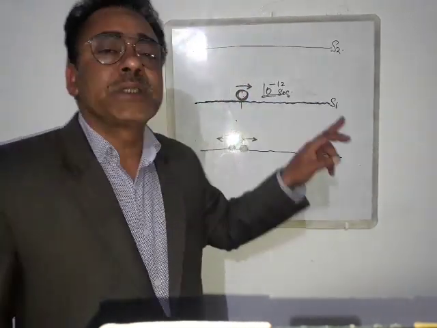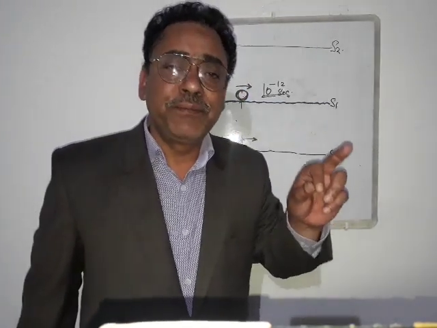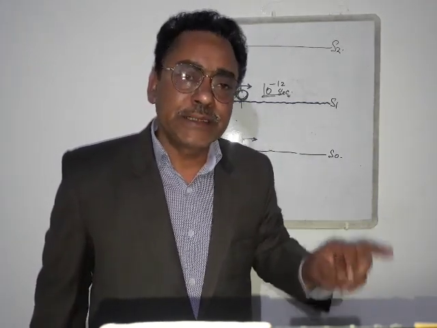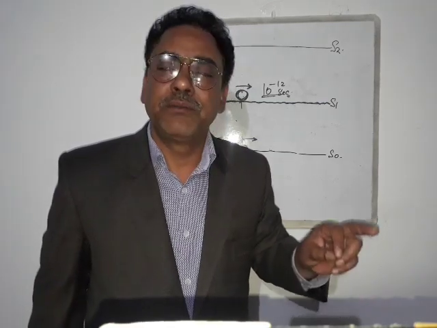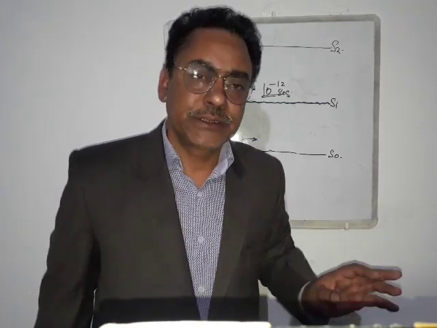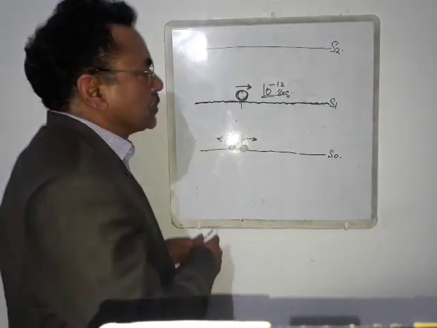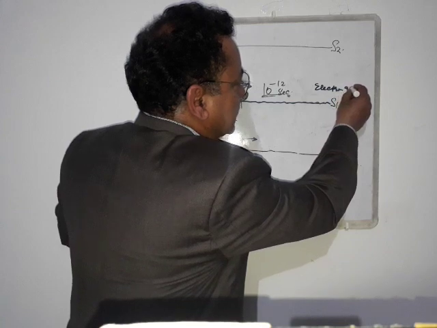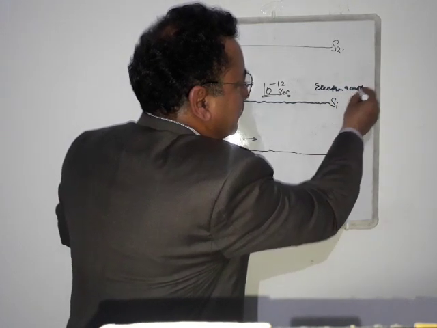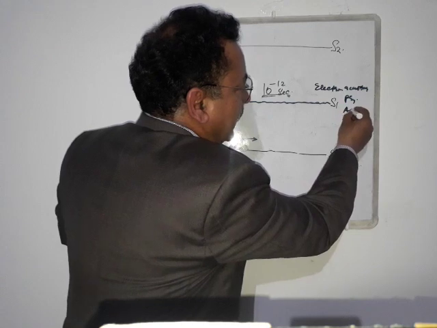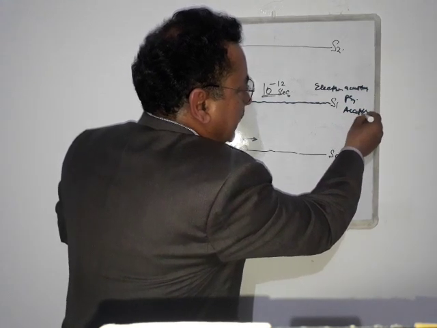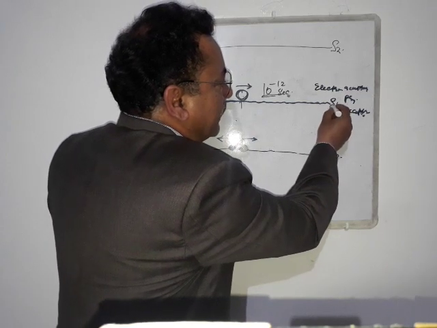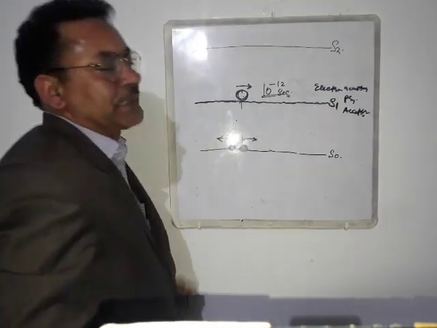So always in the process of photosynthesis, it is the first excited singlet state energy which fixes the photosynthetic reaction, photosynthetic energy in the process. So electron acceptor that you call as primary acceptor of electrons, that is worth the energy that is present in S1.